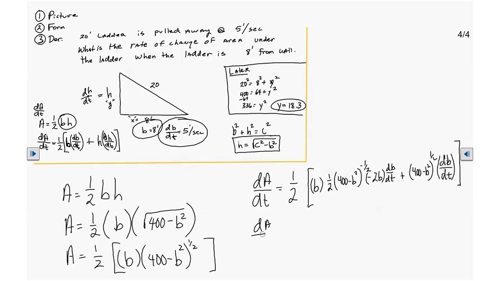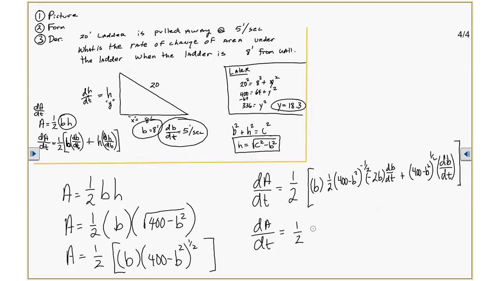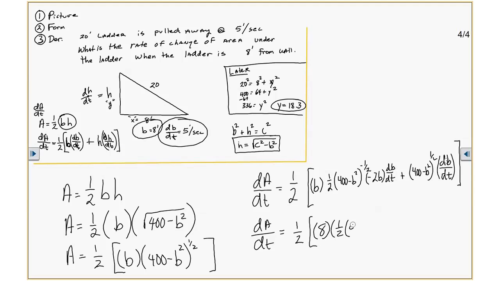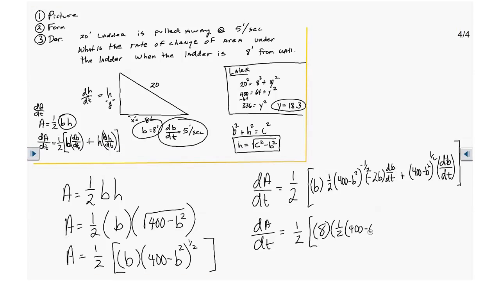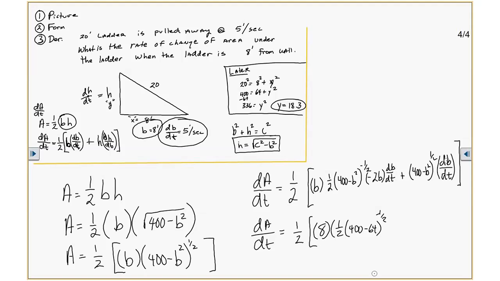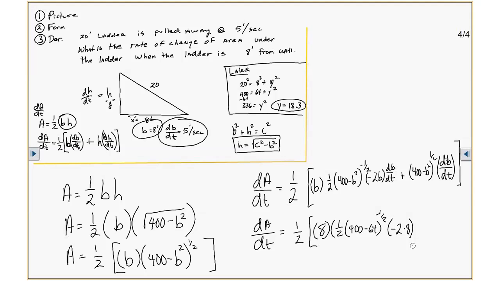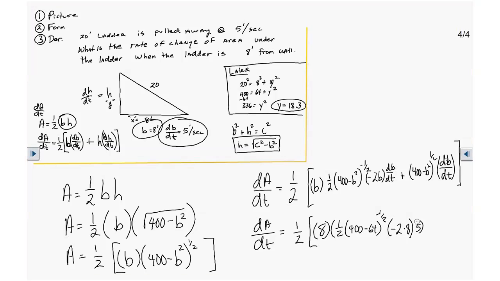dA/dt is equal to 1/2, and I'm just going to plug in the stuff. 8, we don't have to, times 1/2, 400 minus 64 to the negative 1/2 times negative 2 times 8. dB/dt is 5. And so on.